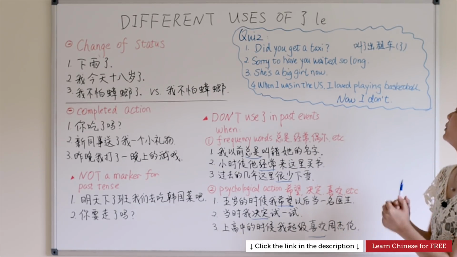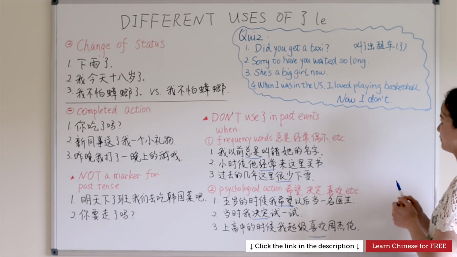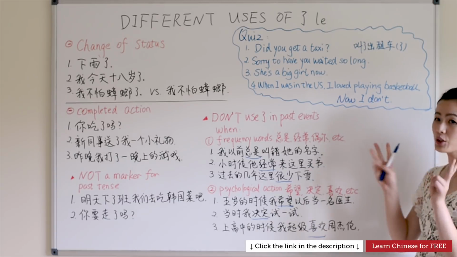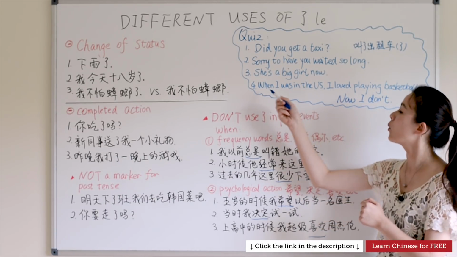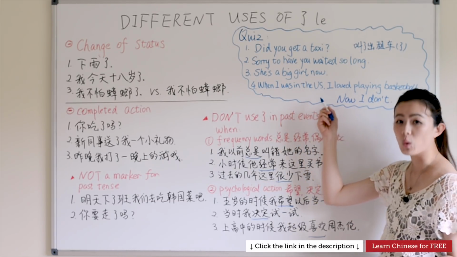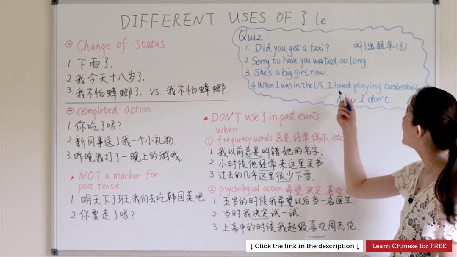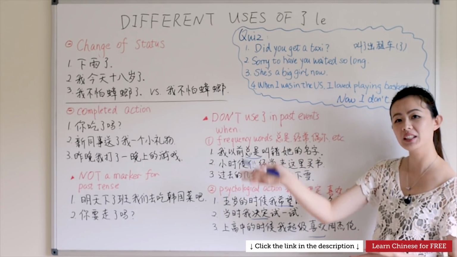When I was in the US, I loved playing basketball. Now I don't. Okay, there are two parts here. First part is when I was in the US. So when is 什么什么的时候, 我在美国的时候. I loved playing basketball. Loved, past completed action.